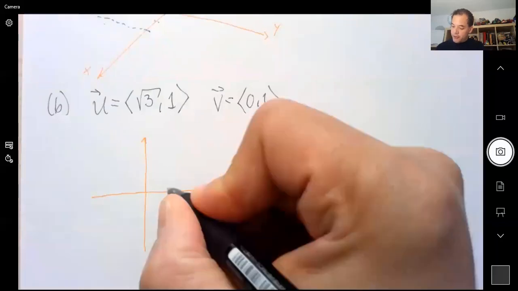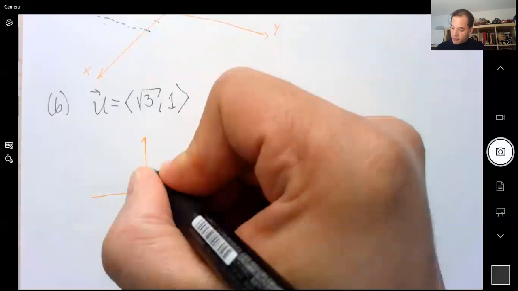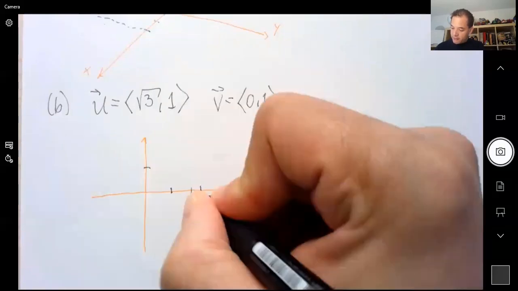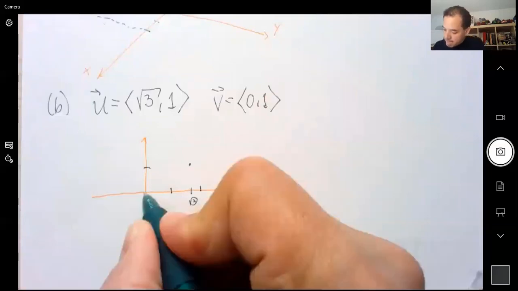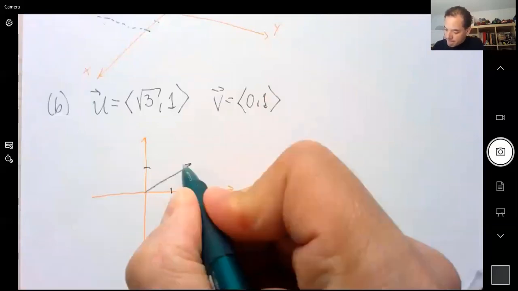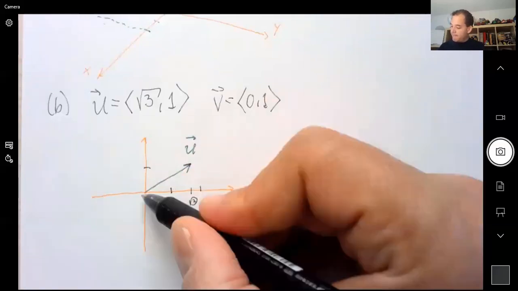So root 3 is like 1.7, and comma 1. So right here is root 3. So this is u. And v is 0, comma 1.